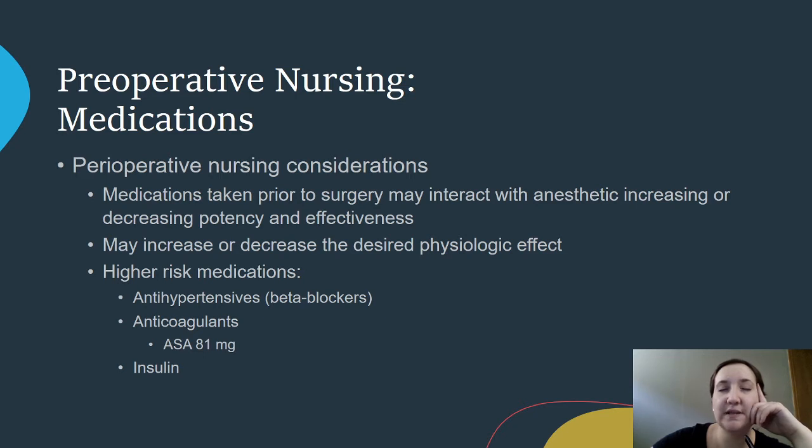Once again, if you're a med surg nurse, you need to absolutely be sure that your patient who has a planned procedure has clear instructions on whether or not to administer insulin the day of surgery. You also may want to consider switching them from a normal saline to something with a little bit of sugar if you're going to be giving insulin.